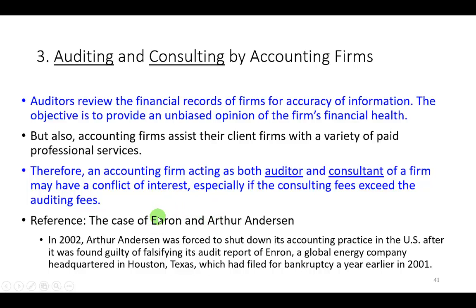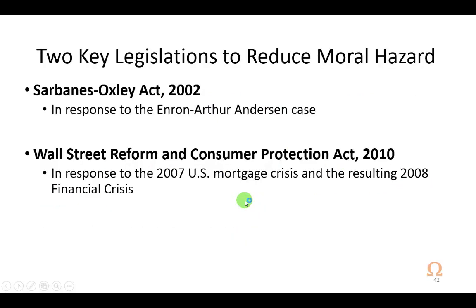In any event, long story short, Arthur Andersen, the accounting firm, was forced to shut down its accounting practice in the United States, and found guilty of falsifying its audit report of Enron. And by the way, Enron is no longer in play today, because it was all a shady deal.